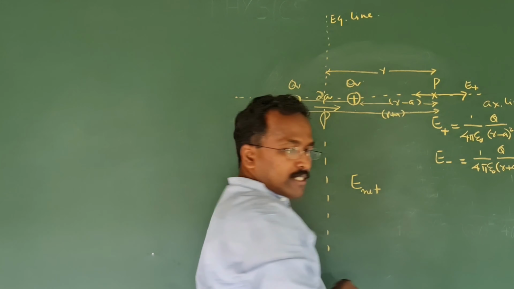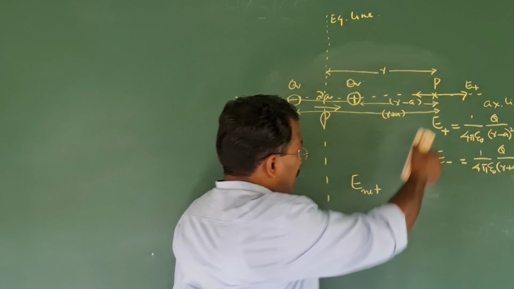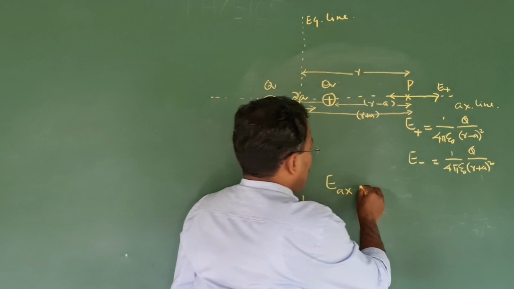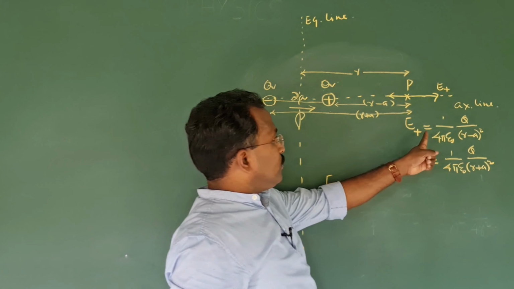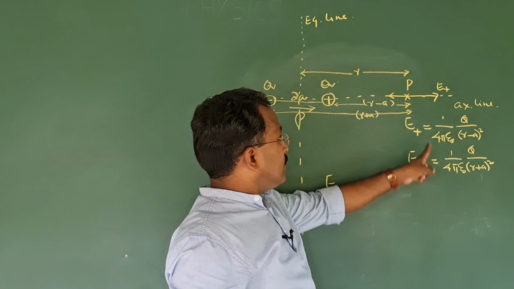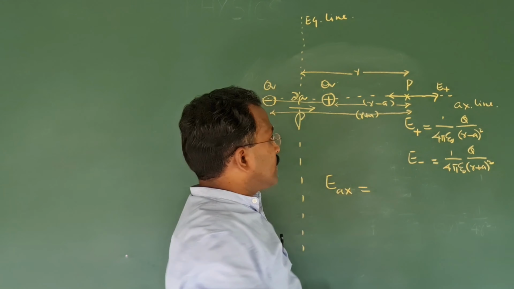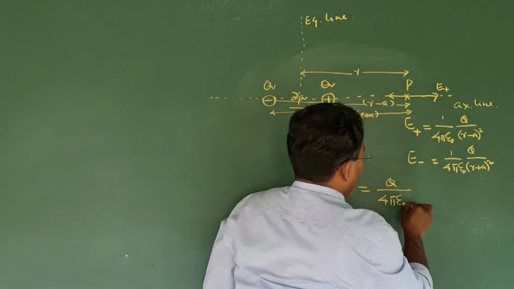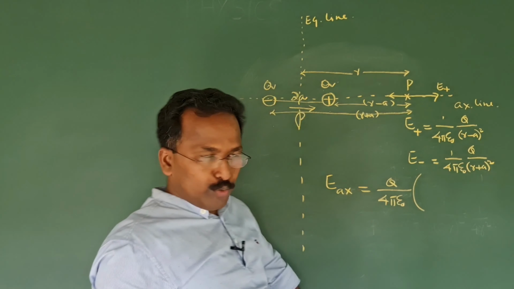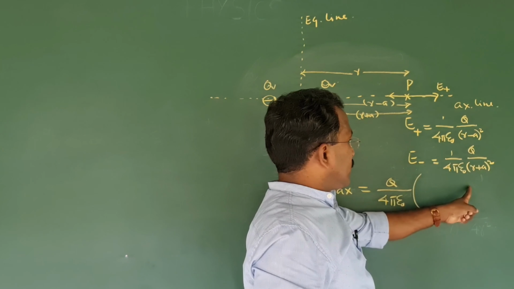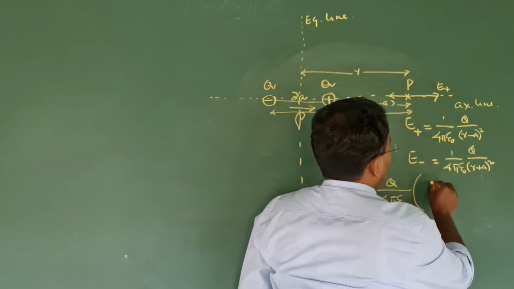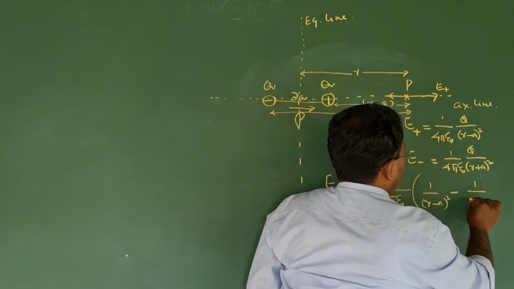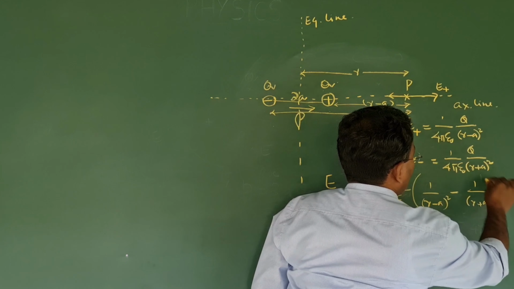So the net electric field, as it is on the axial line, I write as Ex, and this is more than this, so you have to subtract this from this. So it will be Q by 4 pi epsilon 0 into 1 by r minus a whole square minus 1 by r plus a whole square.